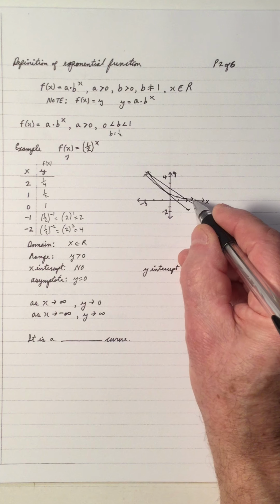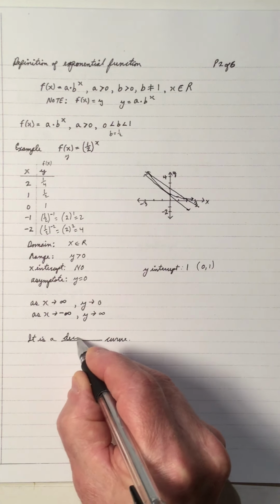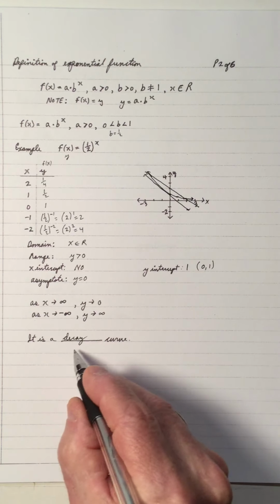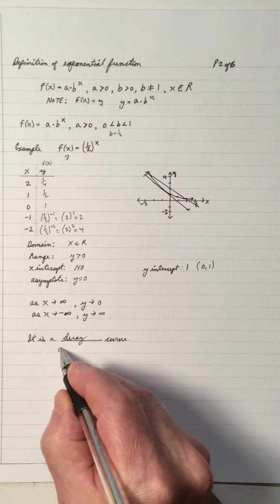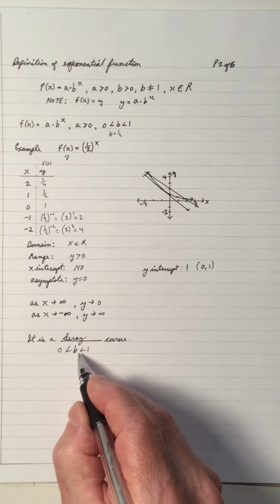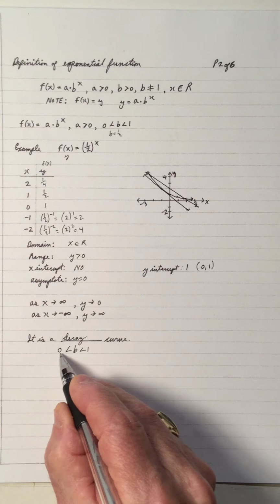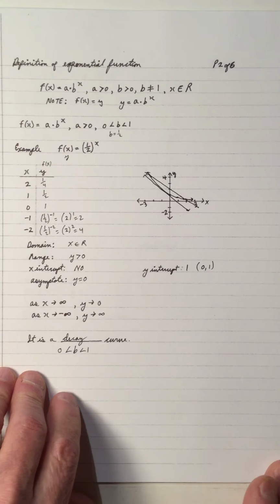The values of y are getting smaller as x goes to infinity. So we say this is a decay curve. And for a decay curve, notice the base is between 0 and 1, 0 less than b less than 1. So if the base of an exponential function is between 0 and 1, we will have a decay curve. Okay, let's move on.